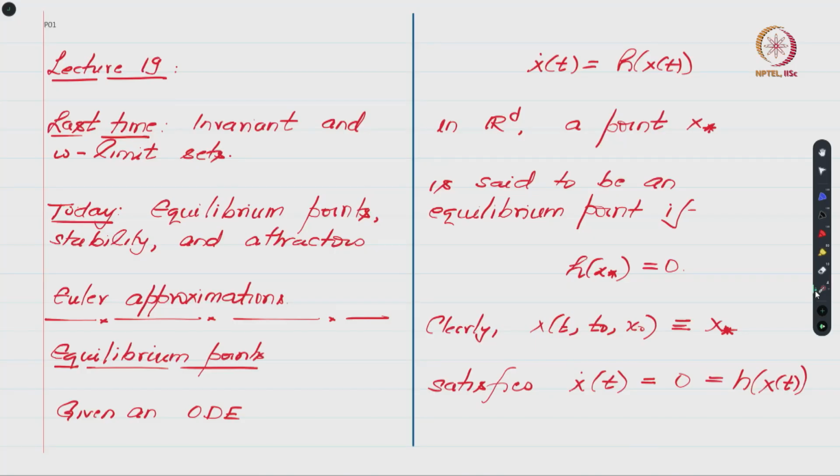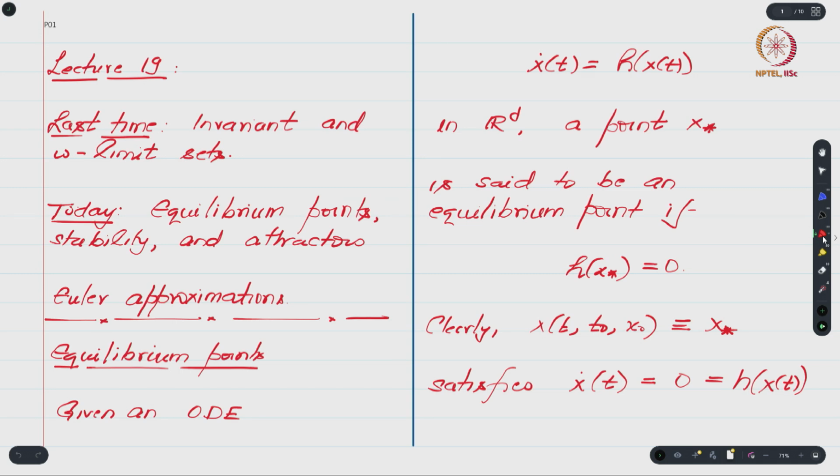Right. So, if you recall, in the previous class we looked at these concepts of invariant sets and omega limit sets, and in today's class we will look at some definitions again. In particular we will look at this notion of equilibrium points.